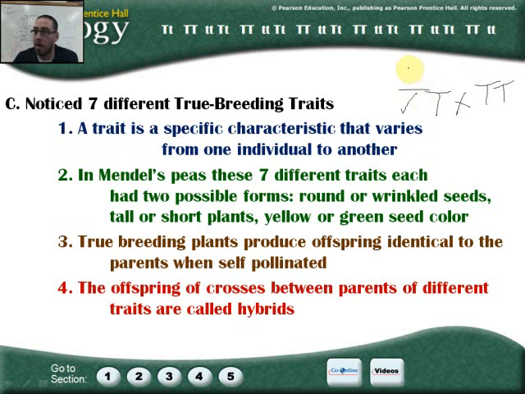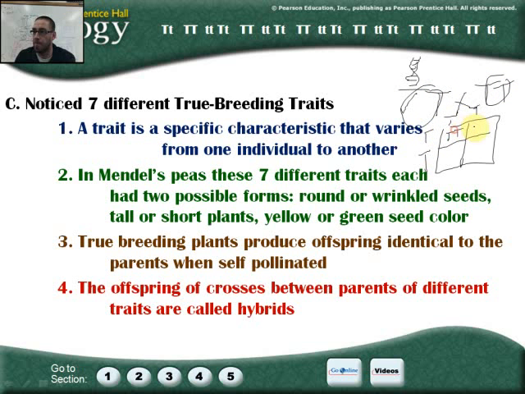Remember, these T's are representations of DNA, and this is the DNA for tall in this case. If you cross these in a Punnett square, what we've got to do is segregate the letters again. So you put all the capital T's on the top and on the side.